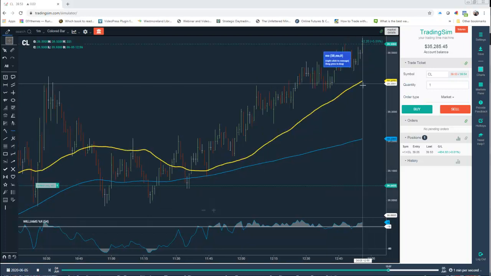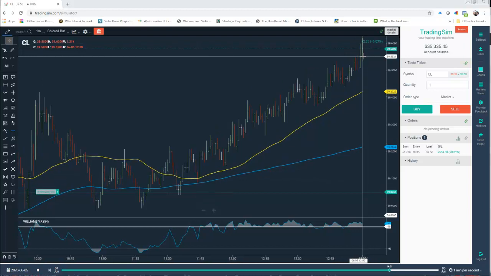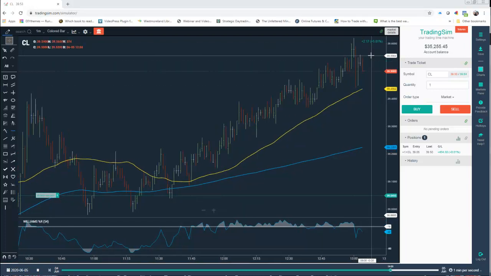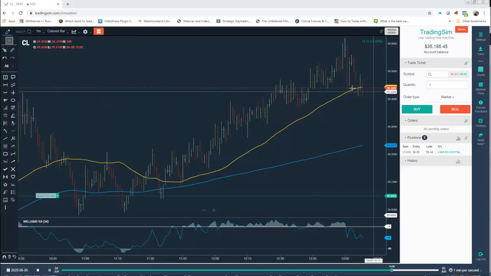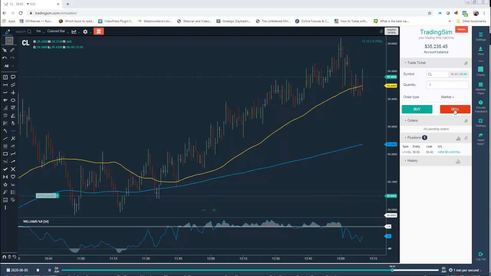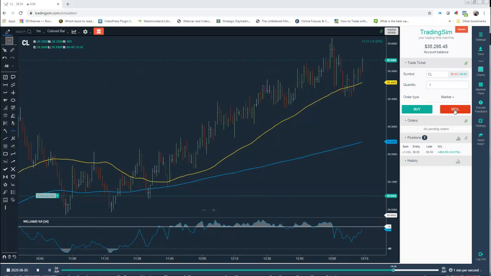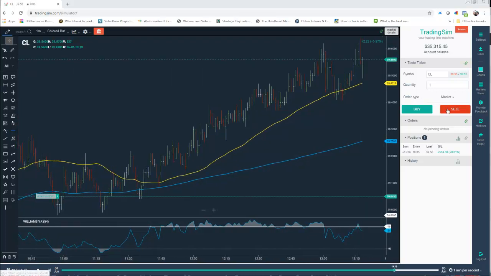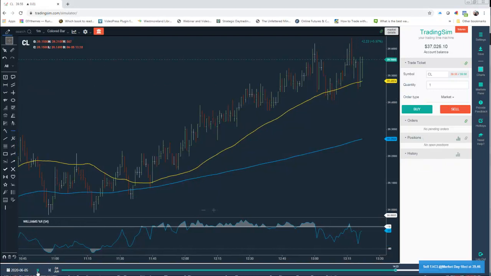Now I want to be a seller under the 50 bar or at 130, whatever comes first, or 115 really. 115, if it gets under that right there, we're going to sell off. All right, it's about 115 right now. Let's go ahead and sell it out. And let's pause.